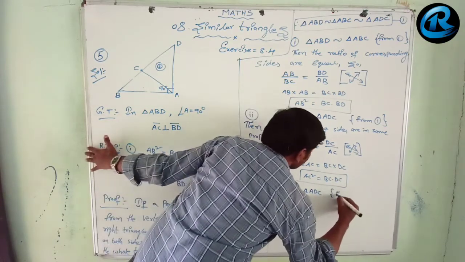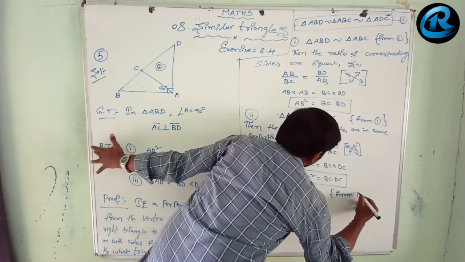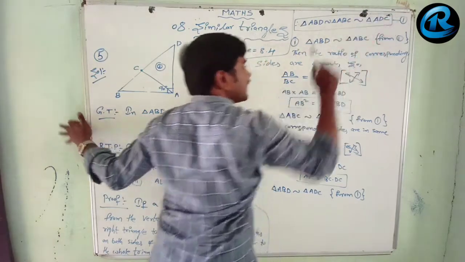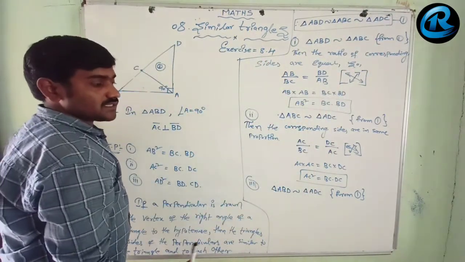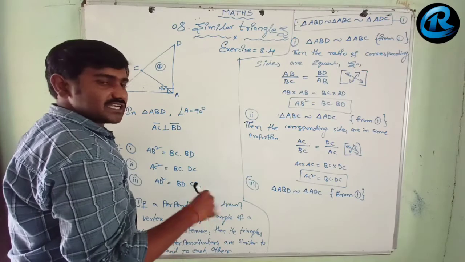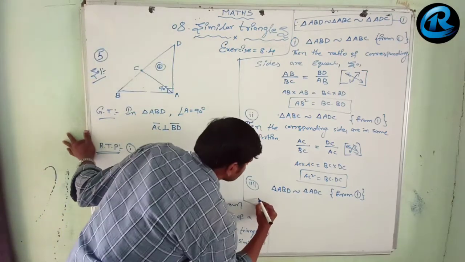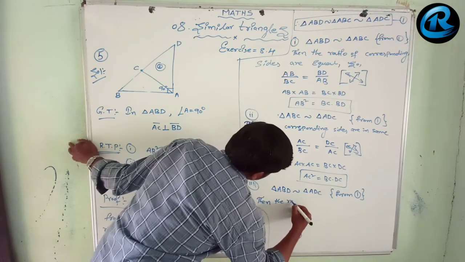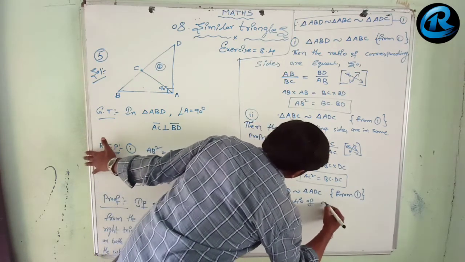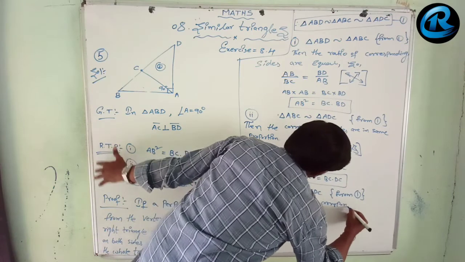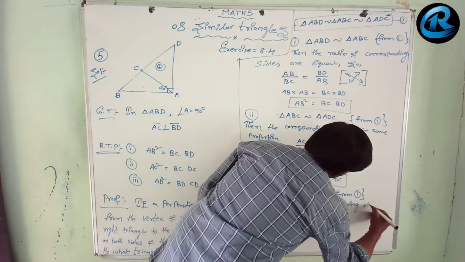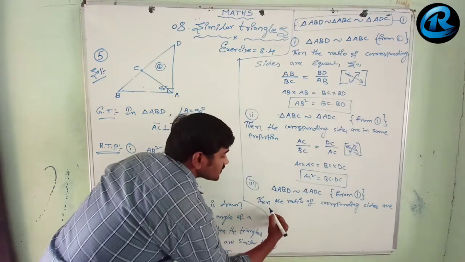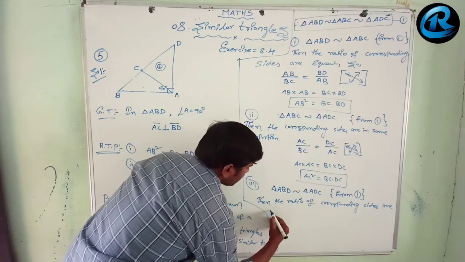From proof number 1 again, this ABD triangle is also similar to triangle ADC. If the two triangles are similar, then the ratio of corresponding sides are in the same proportion.